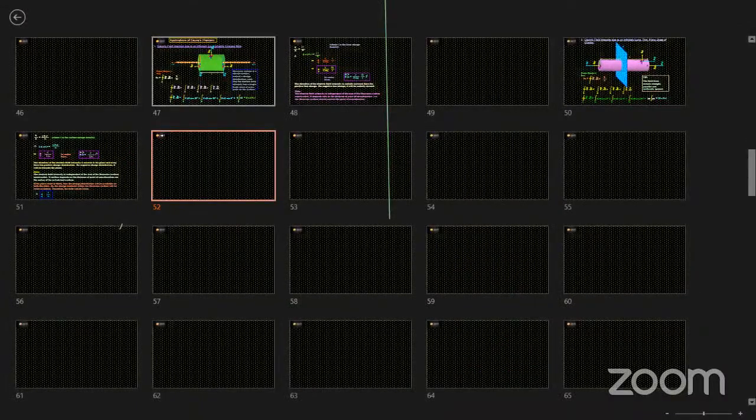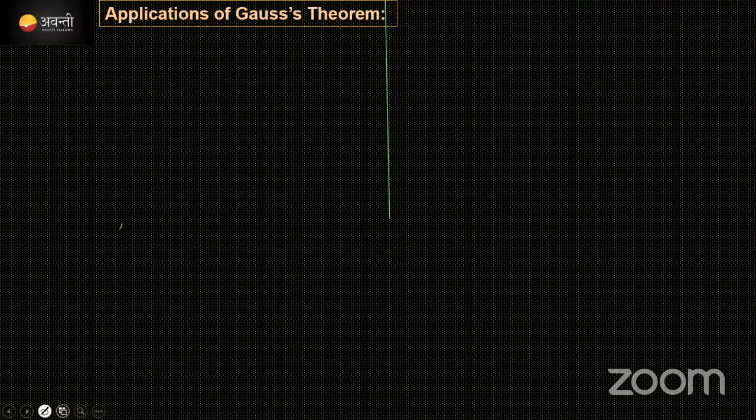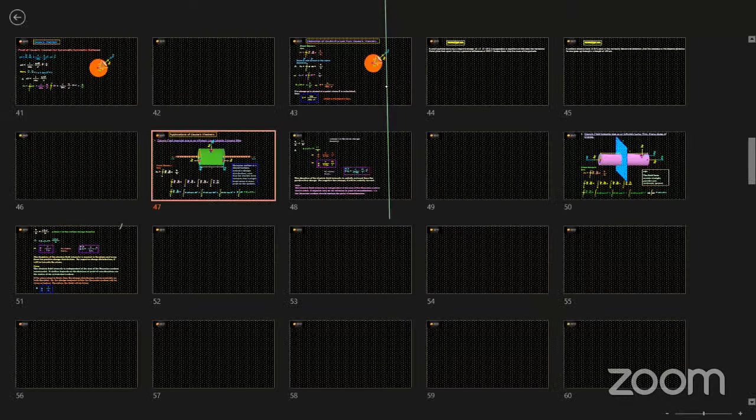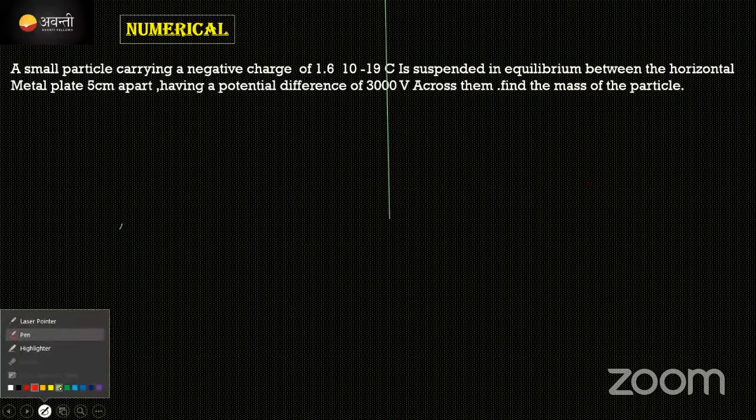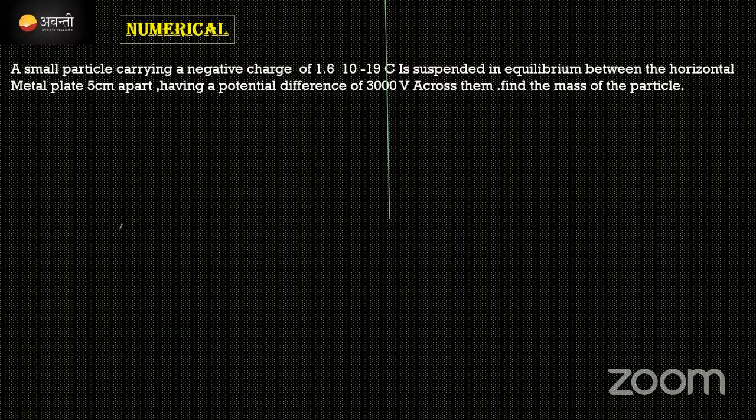No? Okay, cool. If you are getting bored, I have a few questions. We'll solve the questions. Continuously talking about the concept is not good. Correct na? We have a question.